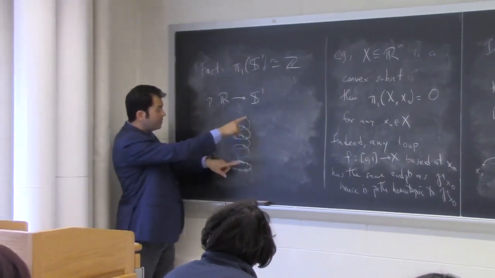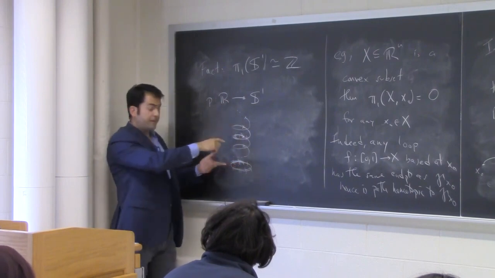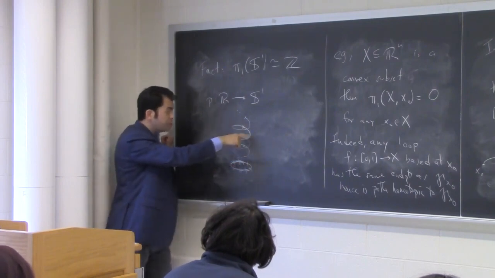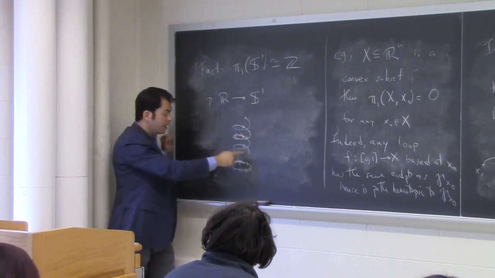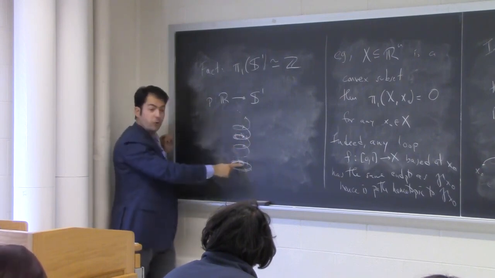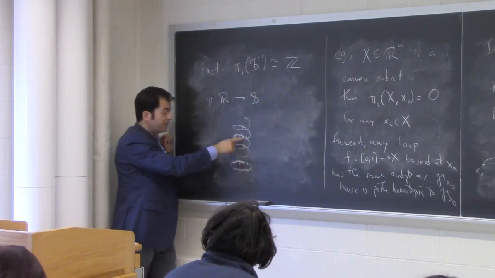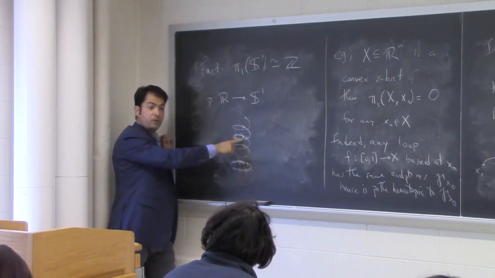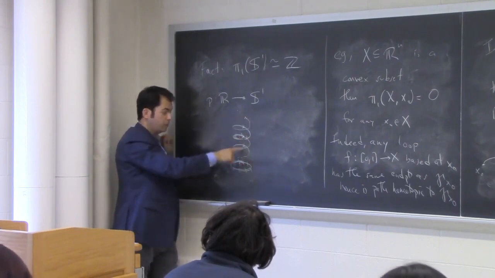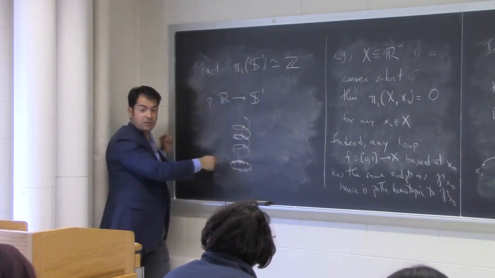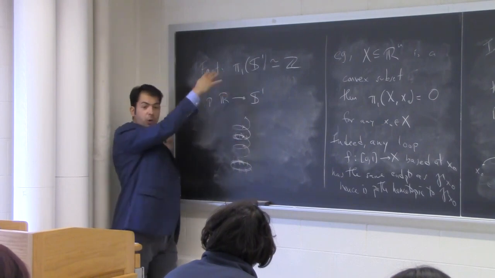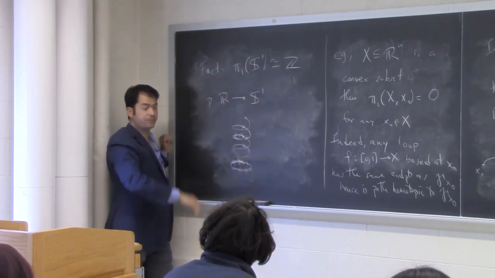Well, if you look at the problem up on R, then it's trivial because you lift your path, you have no choice once you've chosen the initial point, and you end up above the point where you started, but it doesn't have to be at the same point. It could be a different floor on this helix, right? And so then how many times did you go around? It's just how many floors did you go up or down, right?